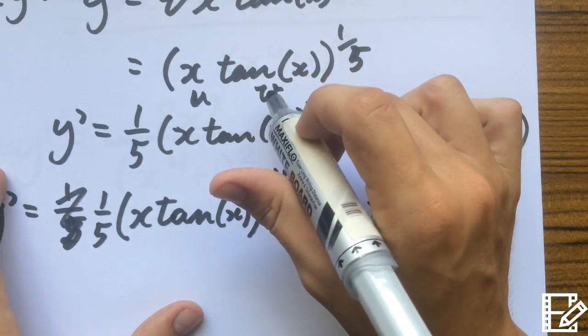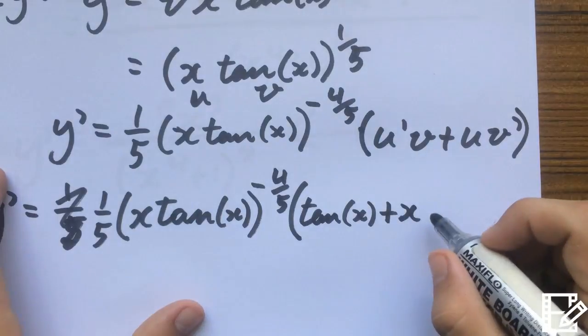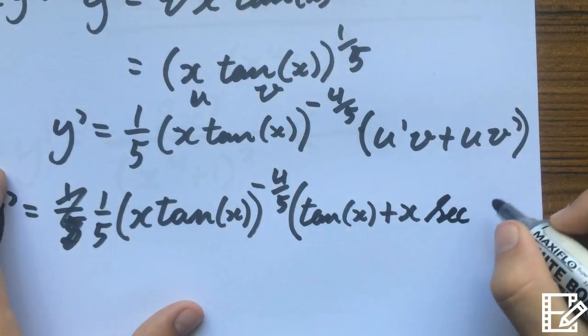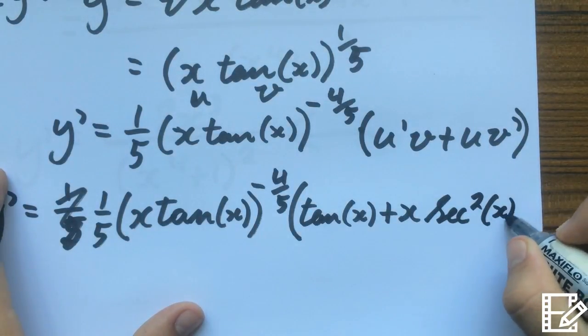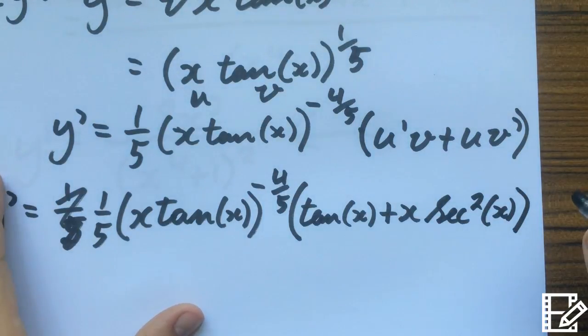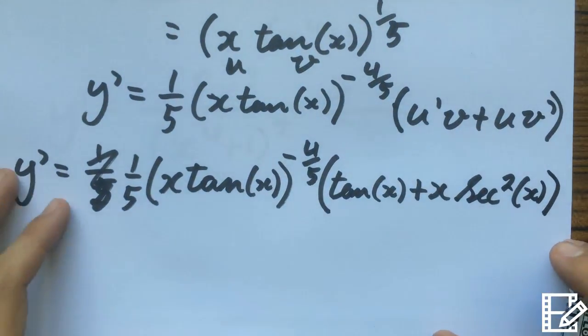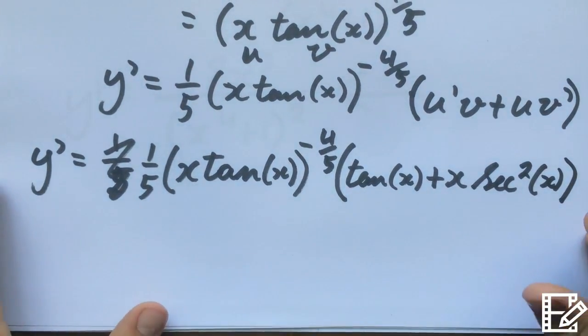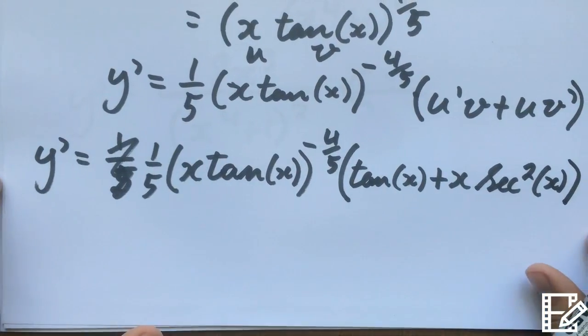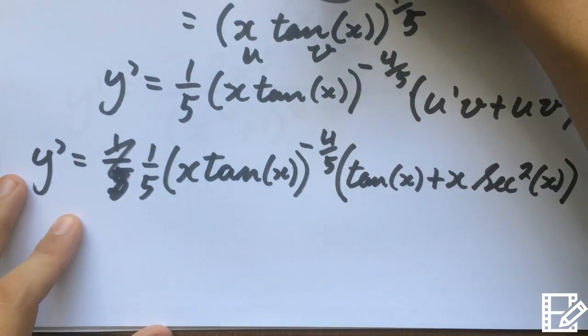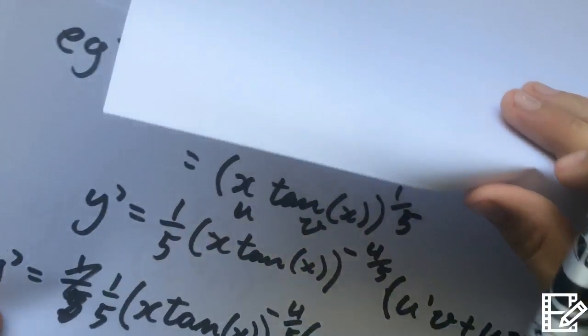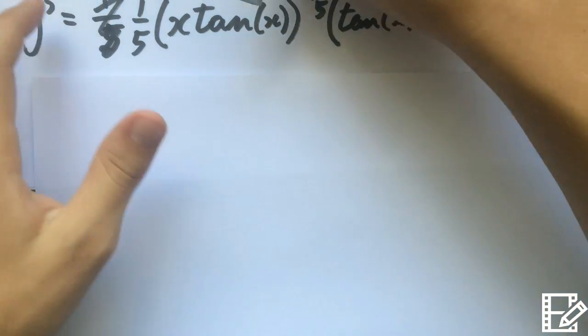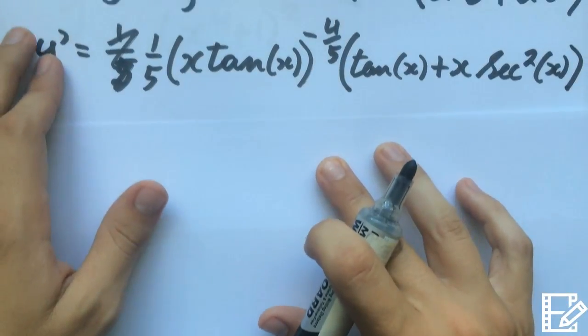If tan x is v, the derivative of tan x is sec squared x. So that is, some people might say, good enough. I'm going to go a bit further because I always like to simplify if I can. It makes things look neater, and I'm all about neatness sometimes.